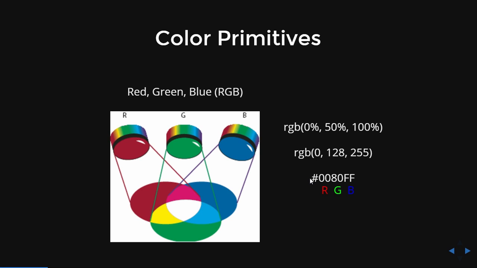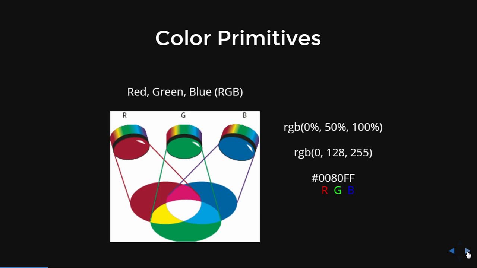And I'll call those hex numbers for short. So we represent a hex number using this hash symbol, and it's followed by 6 digits. The first 2 represent red, the second 2 represent green, and the third 2 represent blue. But in all cases, we're just combining red, green, and blue to create any of the colors that we need.